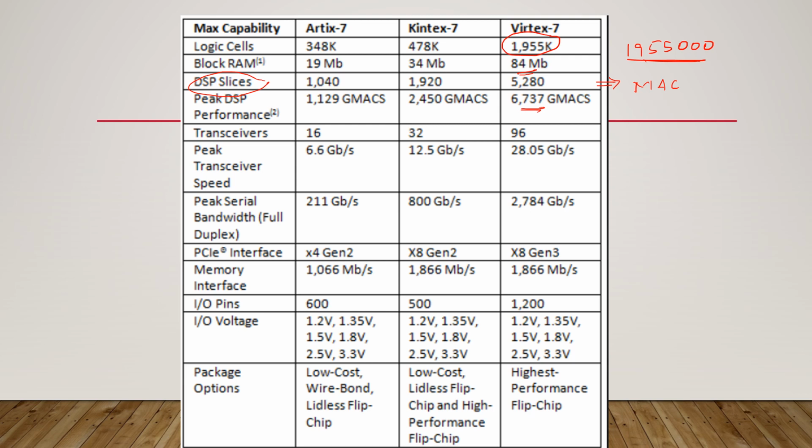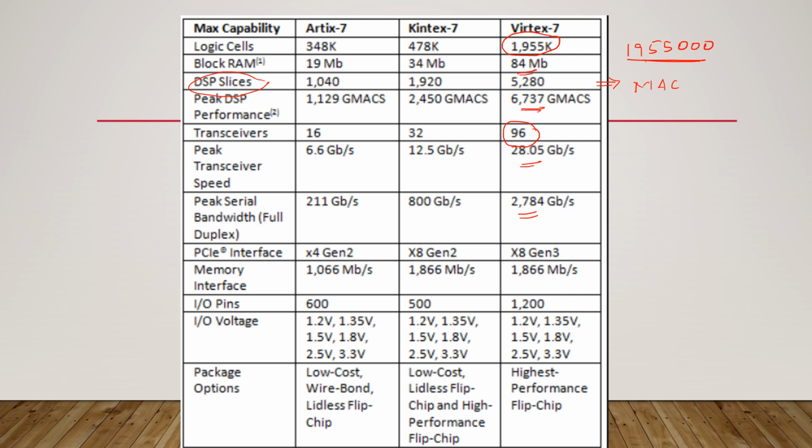How many transceivers are available in the Virtex 7? 96 transceivers are available. The speed of the transceiver is 28.05 gigabits per second. Right? The serial bandwidth is also 2784 gigabits per second. Right?